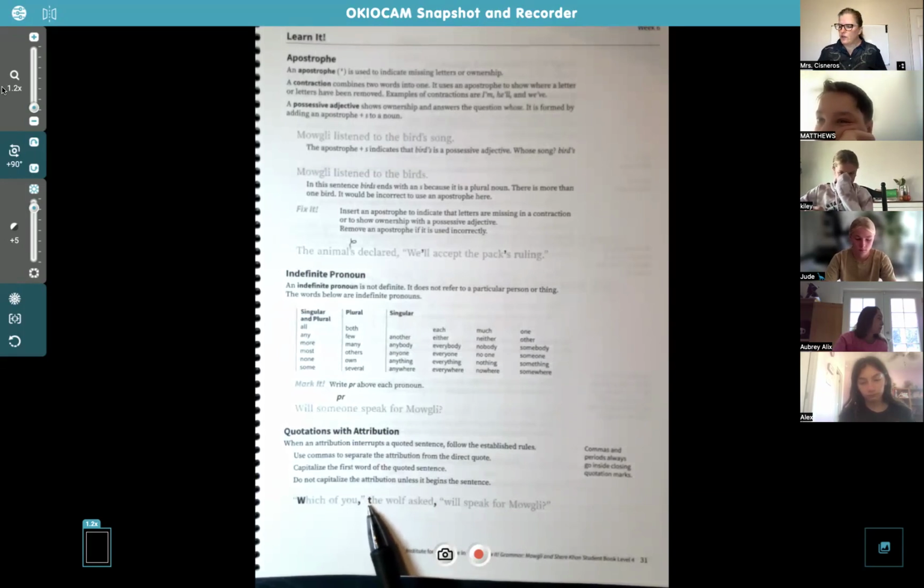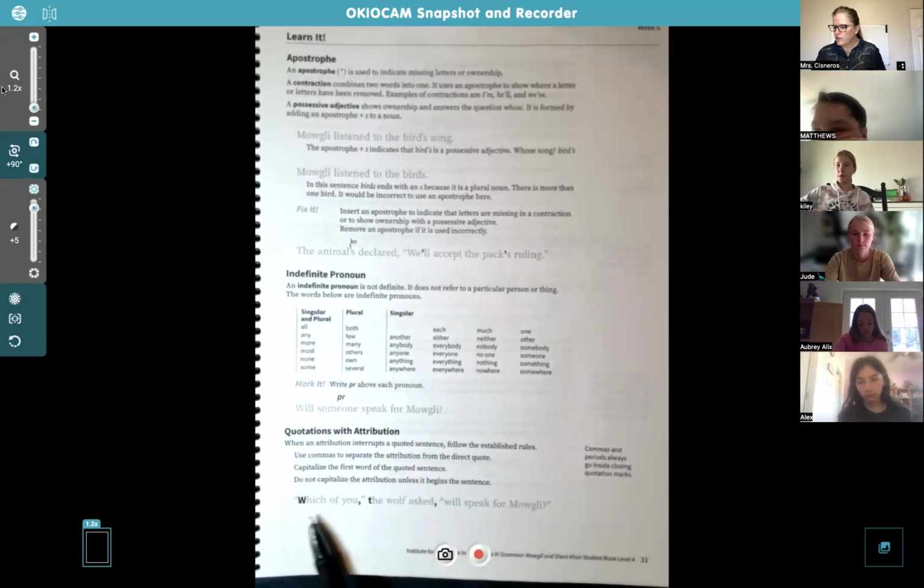This T for the is not capitalized because it comes after the quote. And then another comma, and then the rest of the quote. And notice right here that W in will is not capitalized because he's finishing what he's saying. "Which of you," the wolf asked, "will speak for Mowgli?" So those are some capitalization and quotation mark rules when you have a speaking character.